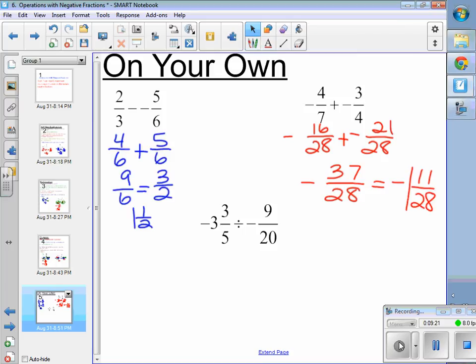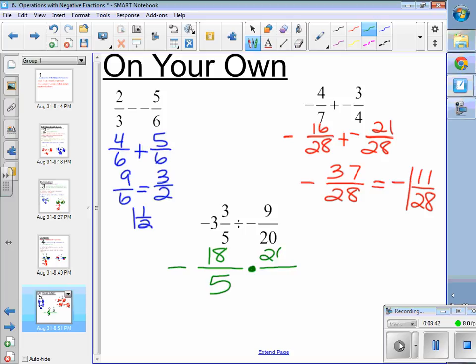And the last one, make it improper. So you would have -2 times 3, 18, and then flip the second number, and you get 20 and 9.